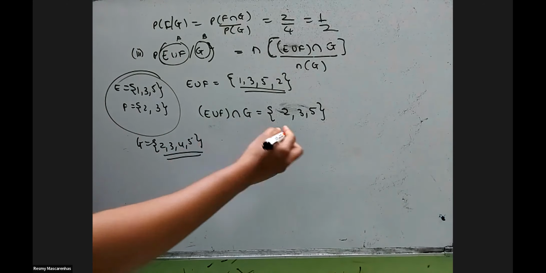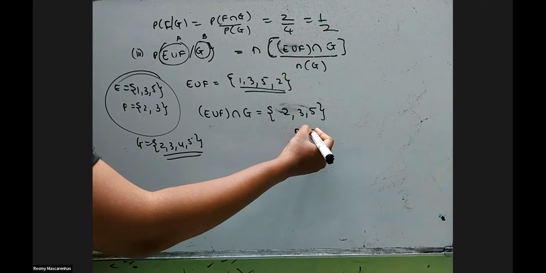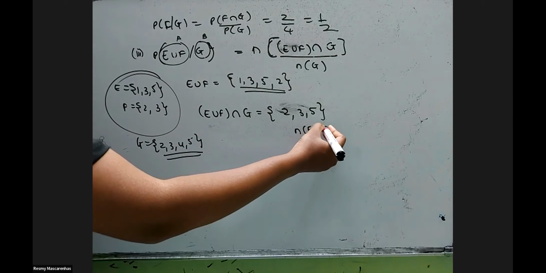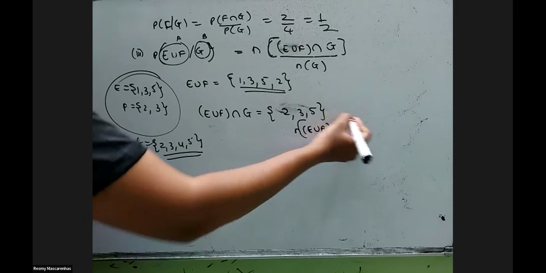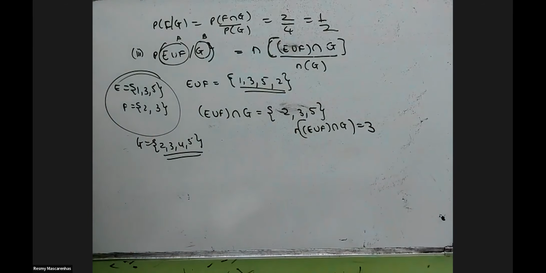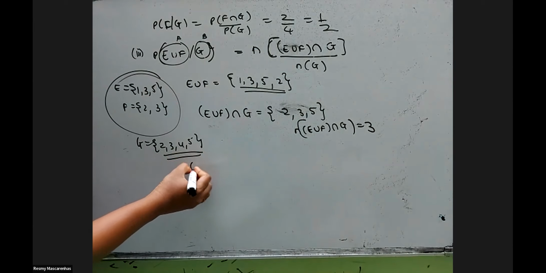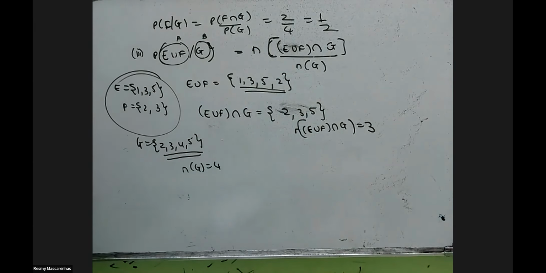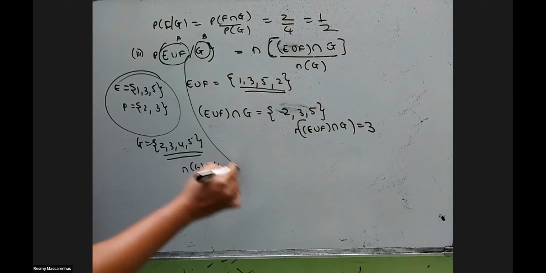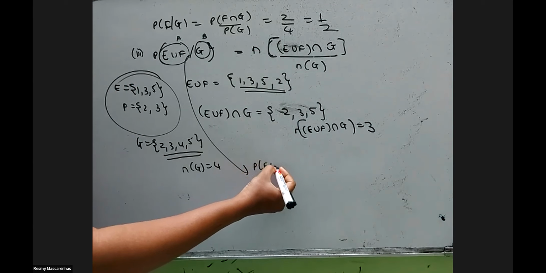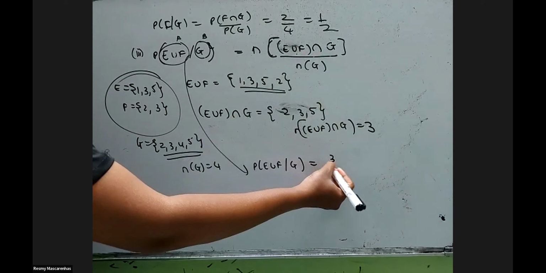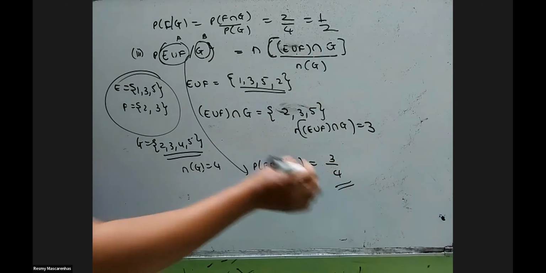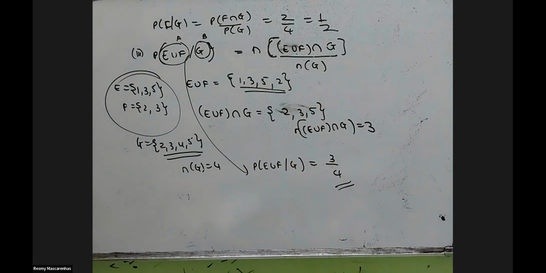So how many elements are there in this? 3 elements. N of G has 4 elements. This, how much? 3. And these are 4. So 3 upon 4 will be the answer.